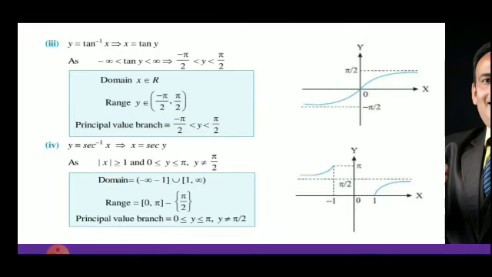Similarly, we will go for y equal to sec inverse x also. In sec inverse x, the domain of sec inverse x is minus infinity to minus 1 union 1 to infinity, and its range is 0 to pi, excluding pi by 2. How does this come?